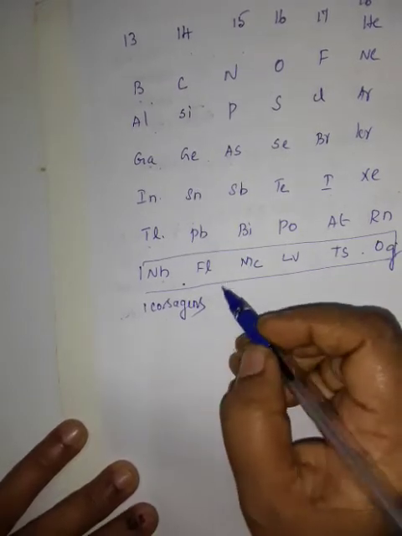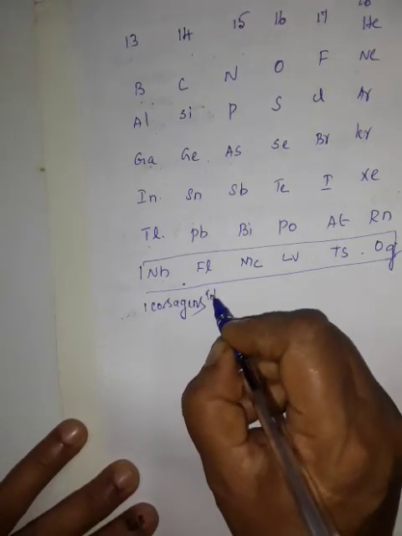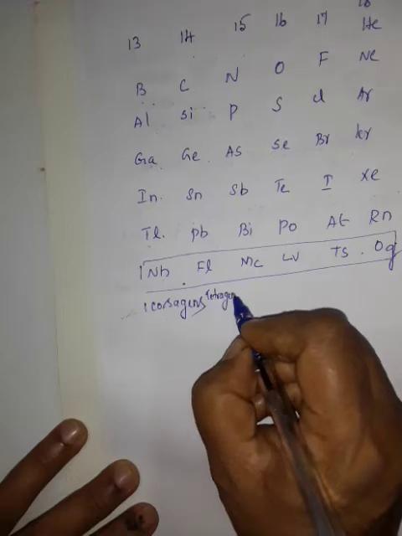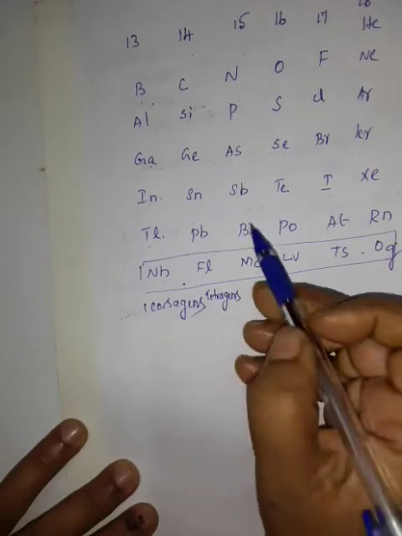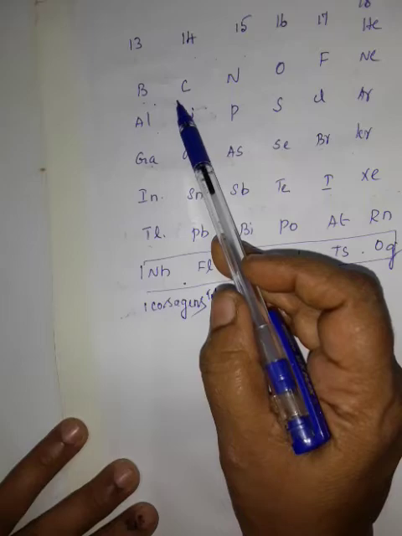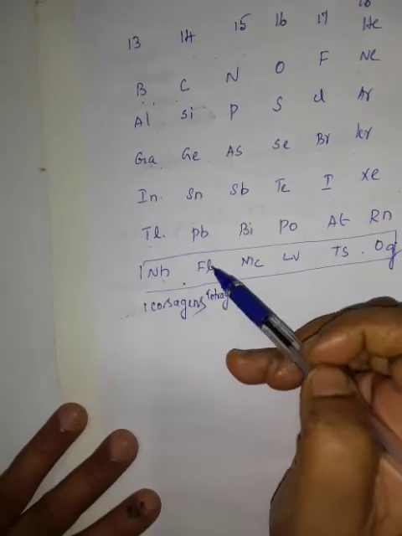This group is called tetragens. Since carbon has valency 4, it is called tetragens.